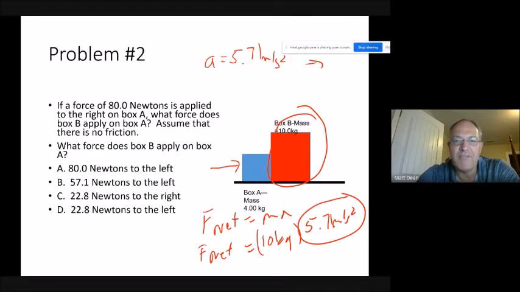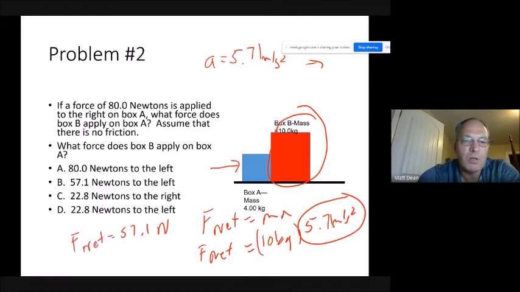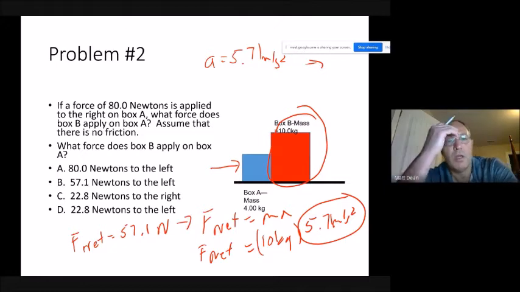That means that the net force acting on box B is 57.1 newtons to the right. Now, is that what problem 2 is asking us? It says, what force does box B apply on box A? That's not what this question is asking us, because you got to think about what's applying the net force to box B.